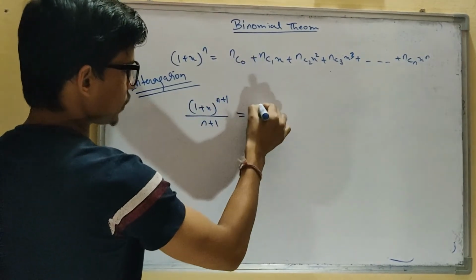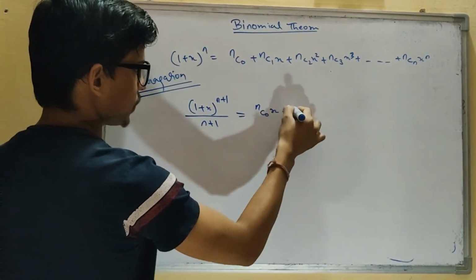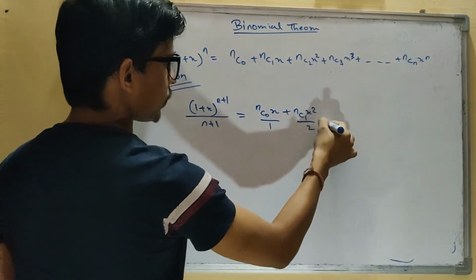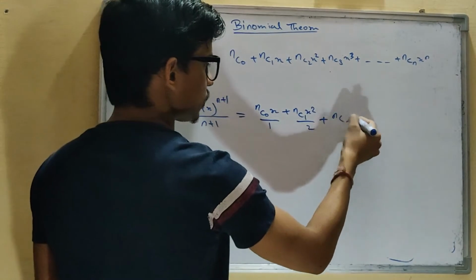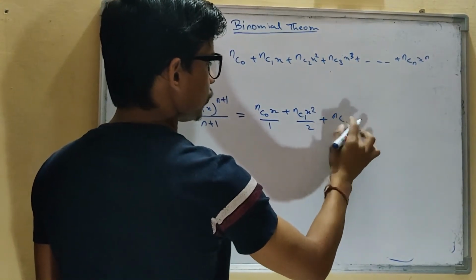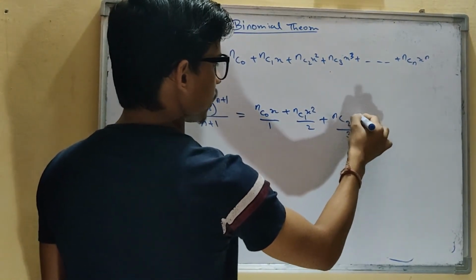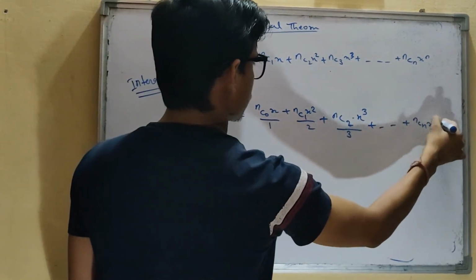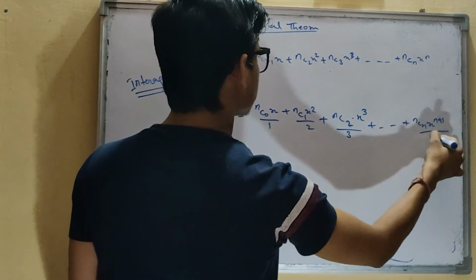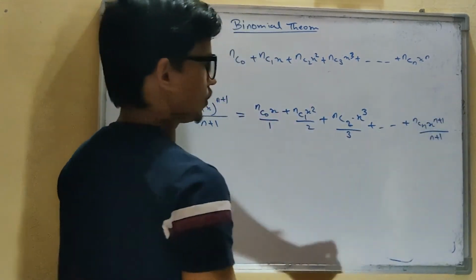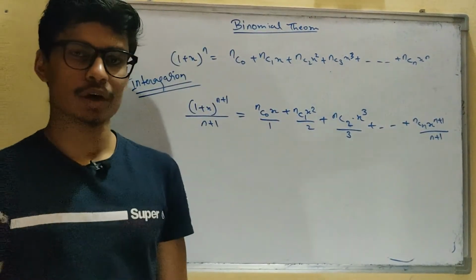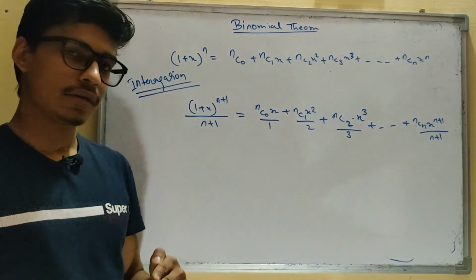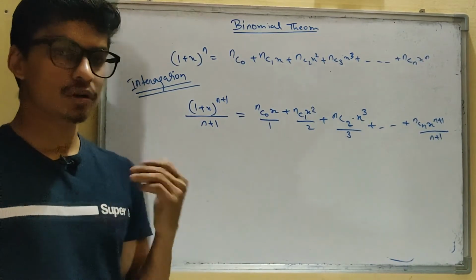And if you integrate the expansion, it is going to be nC0 x + nC1 x²/2 + nC2 x³/3 and so on, up to nCn x^(n+1) upon n + 1.